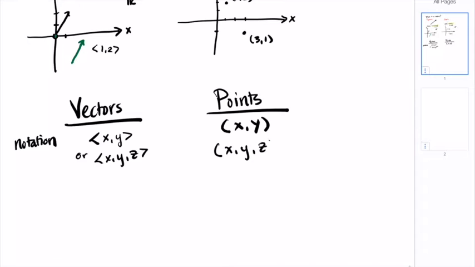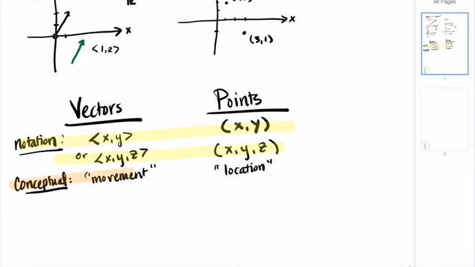And again, it doesn't matter the dimension. I just add it on. So there's the notation aspect. Then there's the conceptual difference, which is a vector is somewhat like a movement in space, whereas a point is really more of a location.